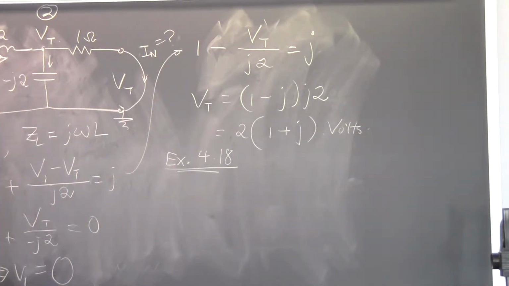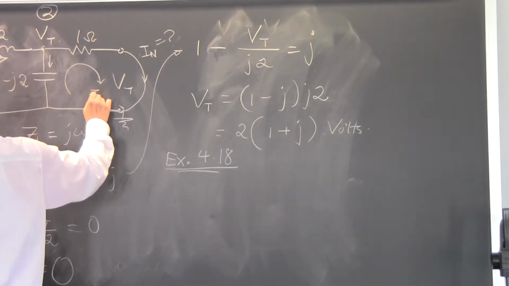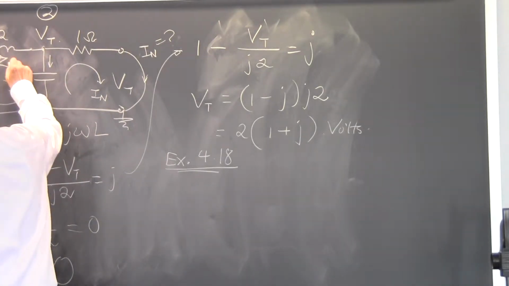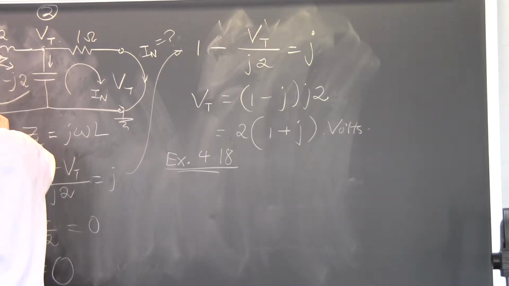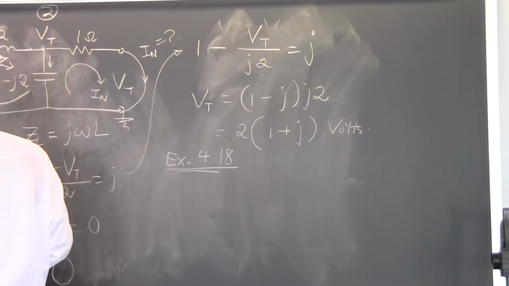So let's call this loop to have current I1, and then this loop to have current IN.